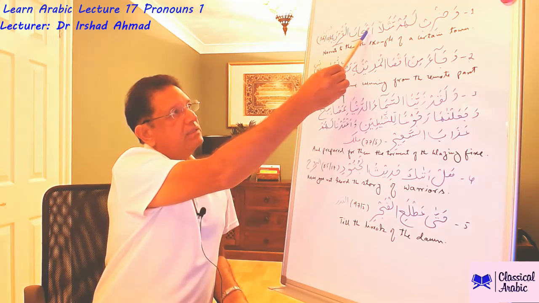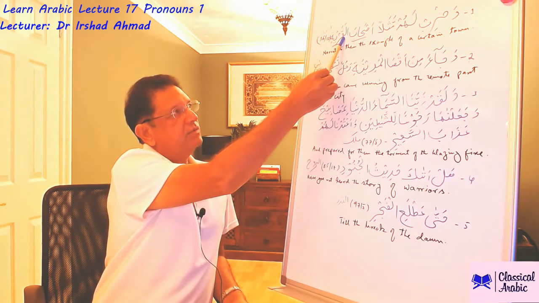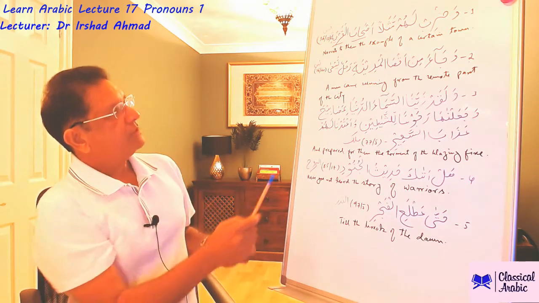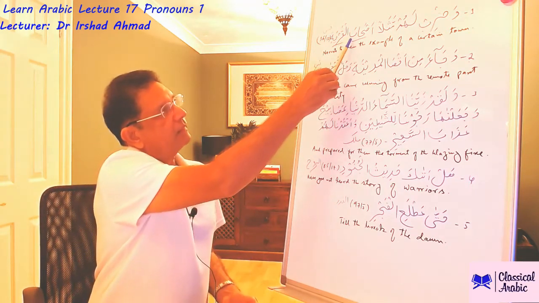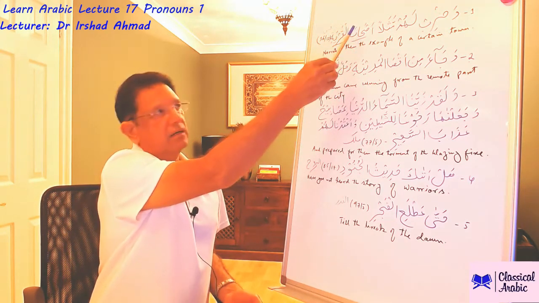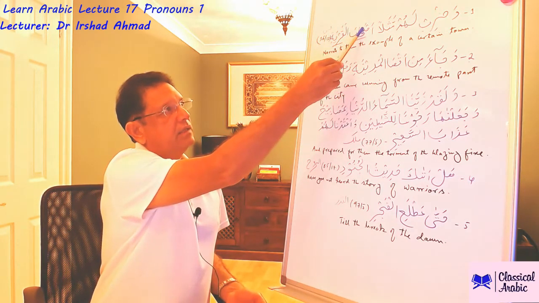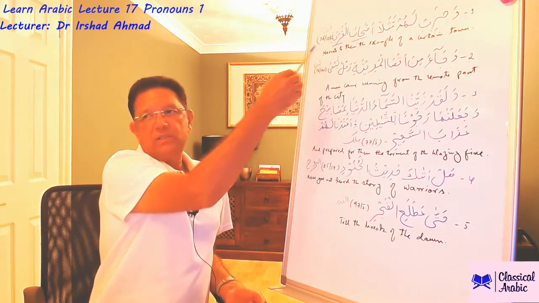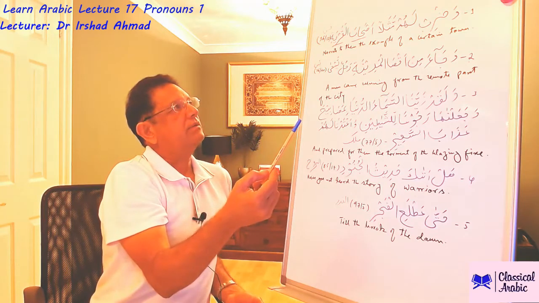So here this is muzaf and this is muzaf ilayh, ashab al-qaryati. The second point is quite clear here, that muzaf can have any i'rab. It could be in rafa, it could be in nasab, it could be in jar, but muzaf ilayh is always going to be in state of jar.